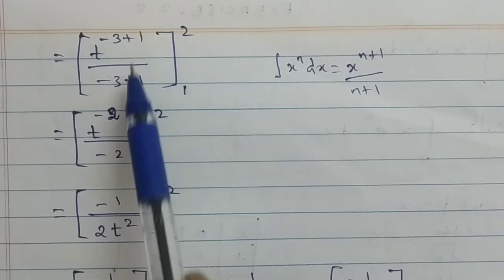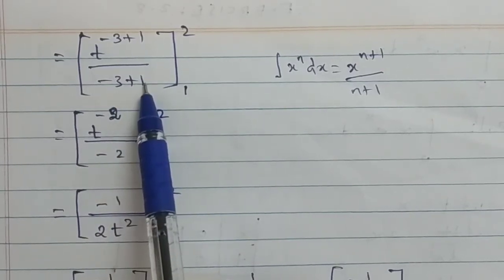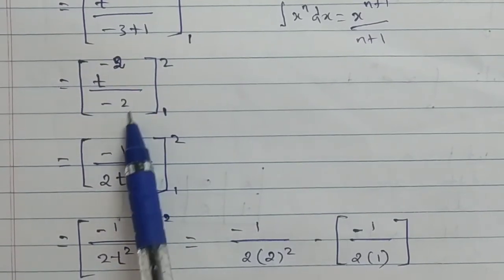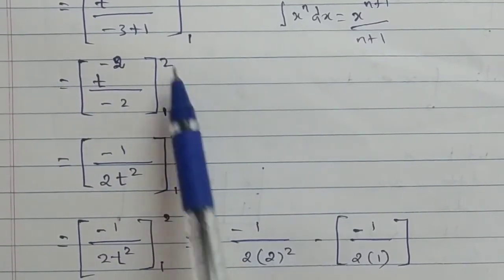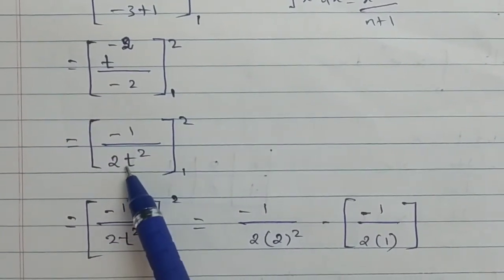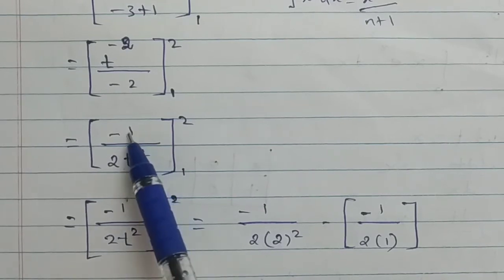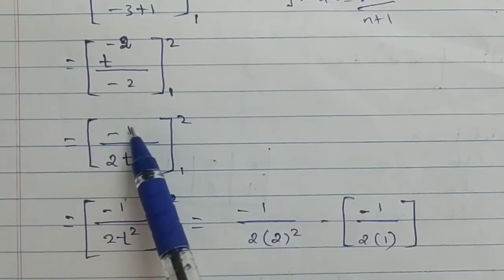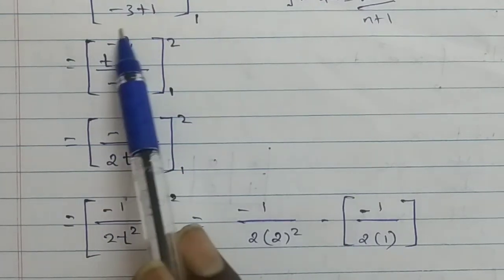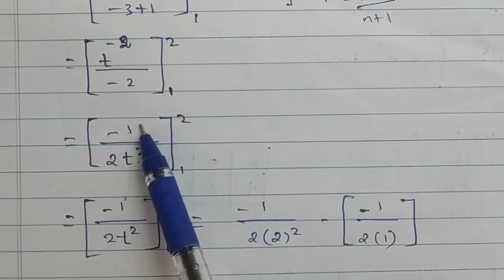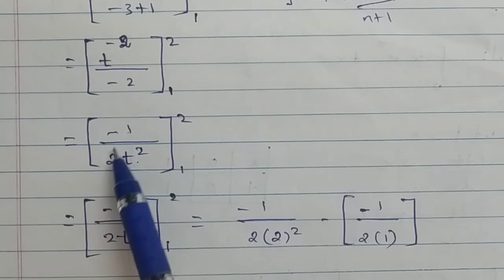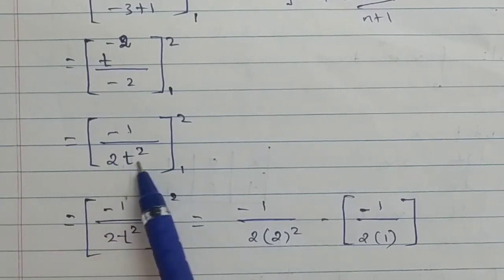Minus 3 plus 1 divided by minus 3 plus 1, so we get t power minus 2 divided by minus 2. The limits are 1 and 2. Bring t power minus 2 into the denominator: minus 1 by 2 t square.